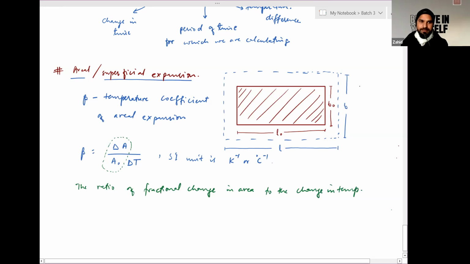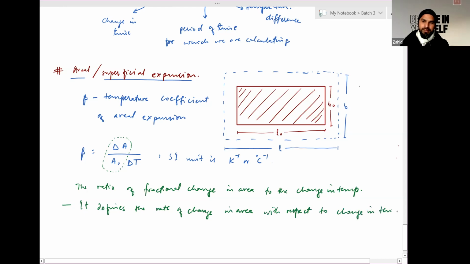So this beta actually defines at what rate, with respect to change in temperature, the area of this particular sheet is expanding or contracting. So you'll say it defines the rate of change in area with respect to change in temperature.